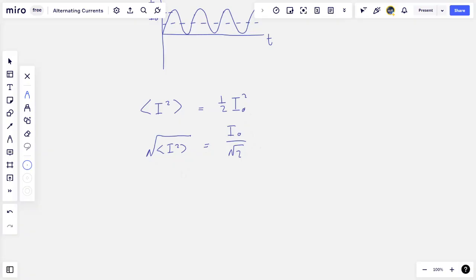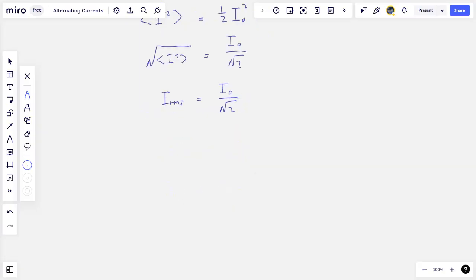But this thing on the left hand side, the square root of the mean value of I squared, by definition is the RMS value if you do statistics. So the RMS value for the current is I naught, the peak current, divided by the square root of 2. And it turns out that the RMS value of the voltage takes the same shape: V naught divided by the square root of 2.